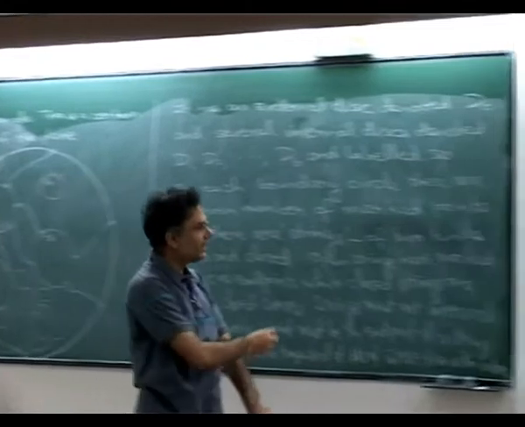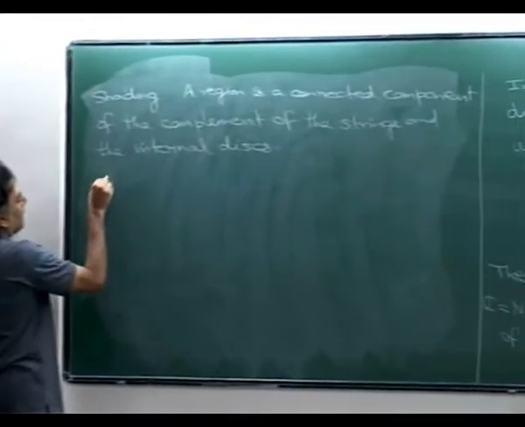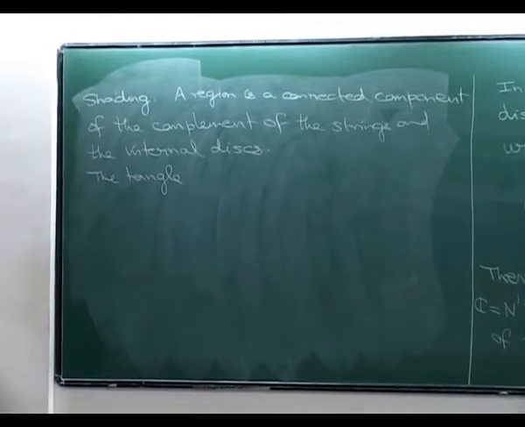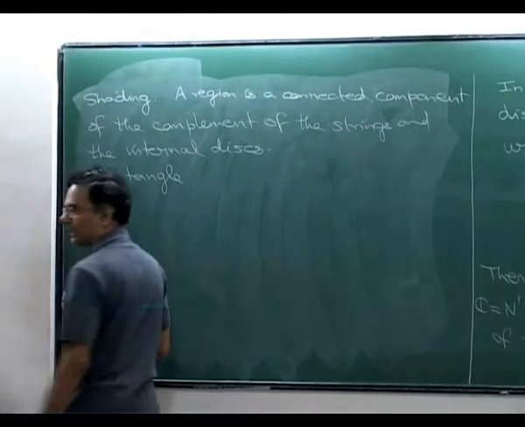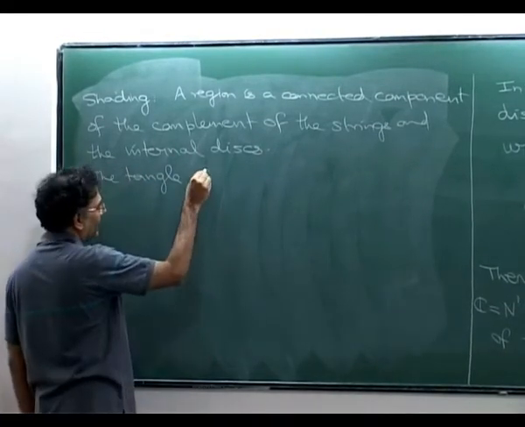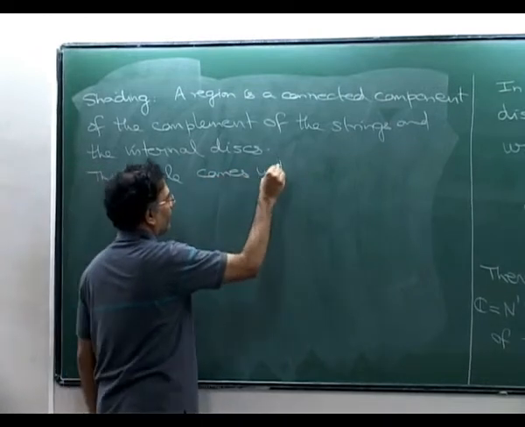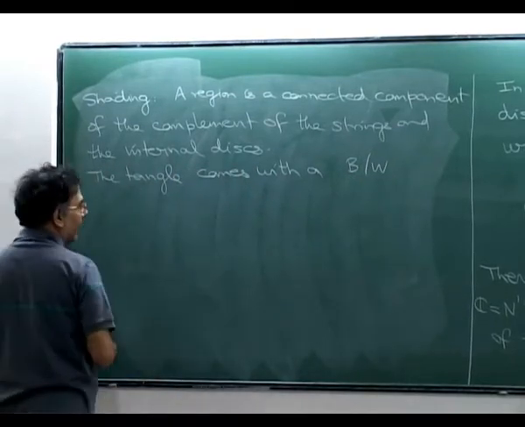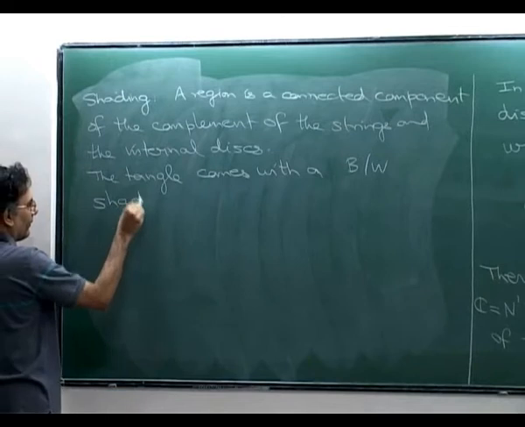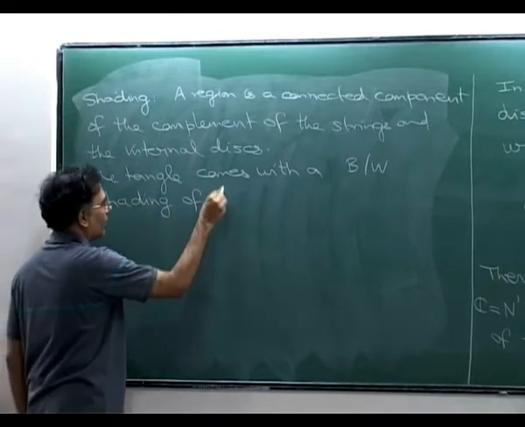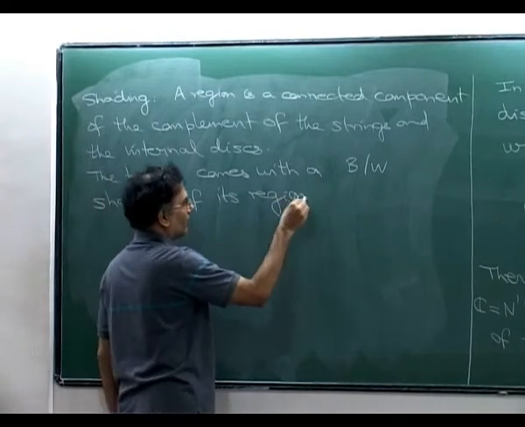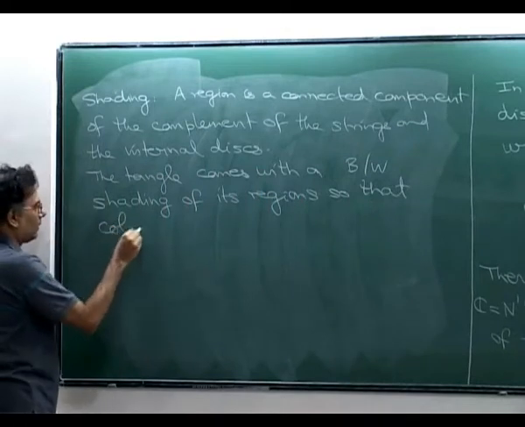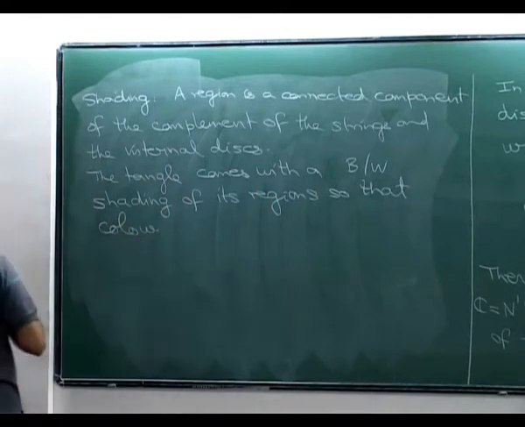And what the shading requirement says is, the tangle complement in the big disk, in D0, comes with a black-white shading of its regions, so that the shade changes across any string.